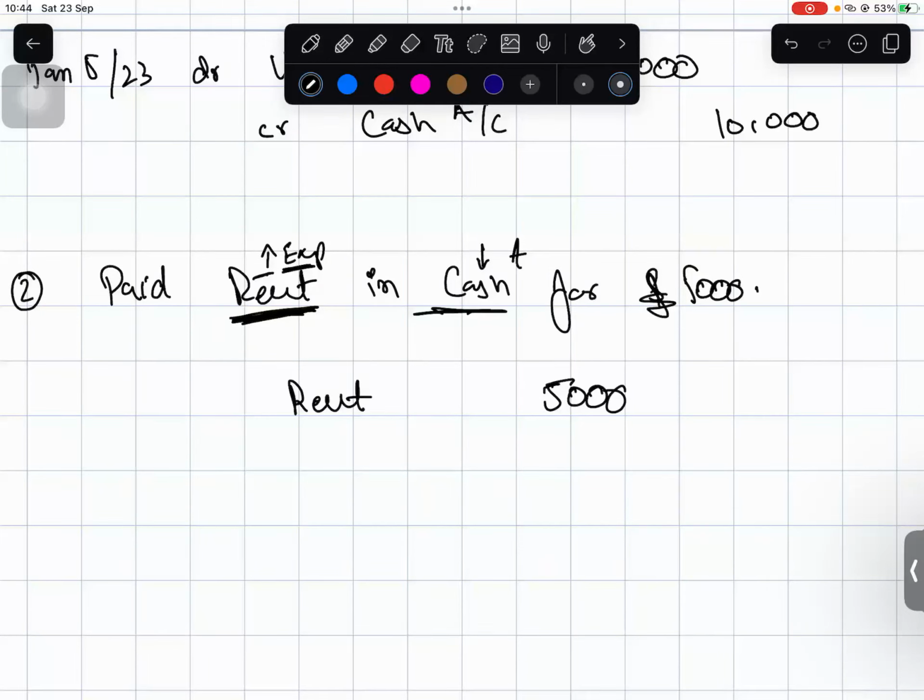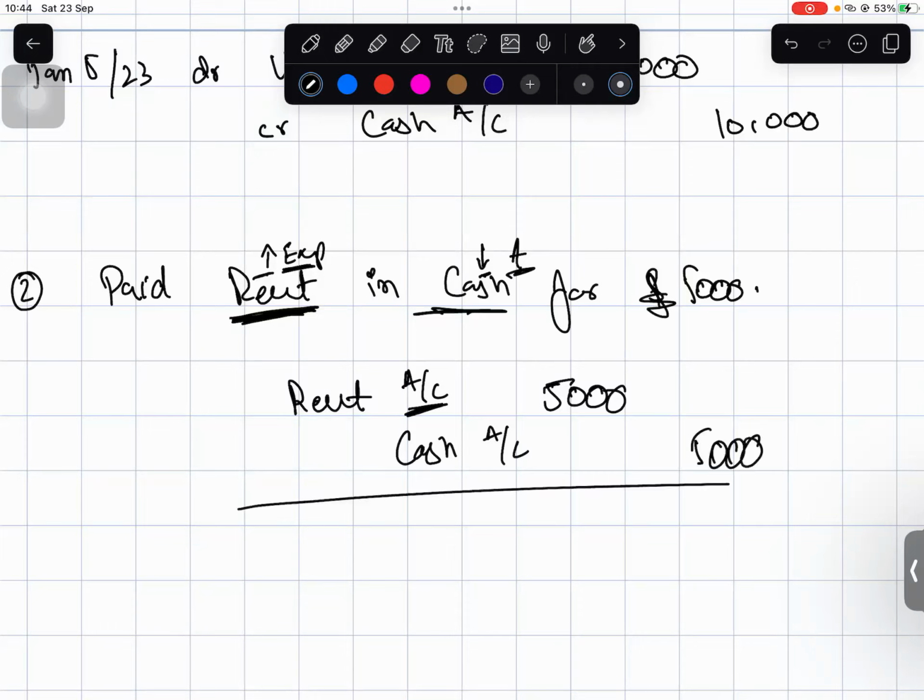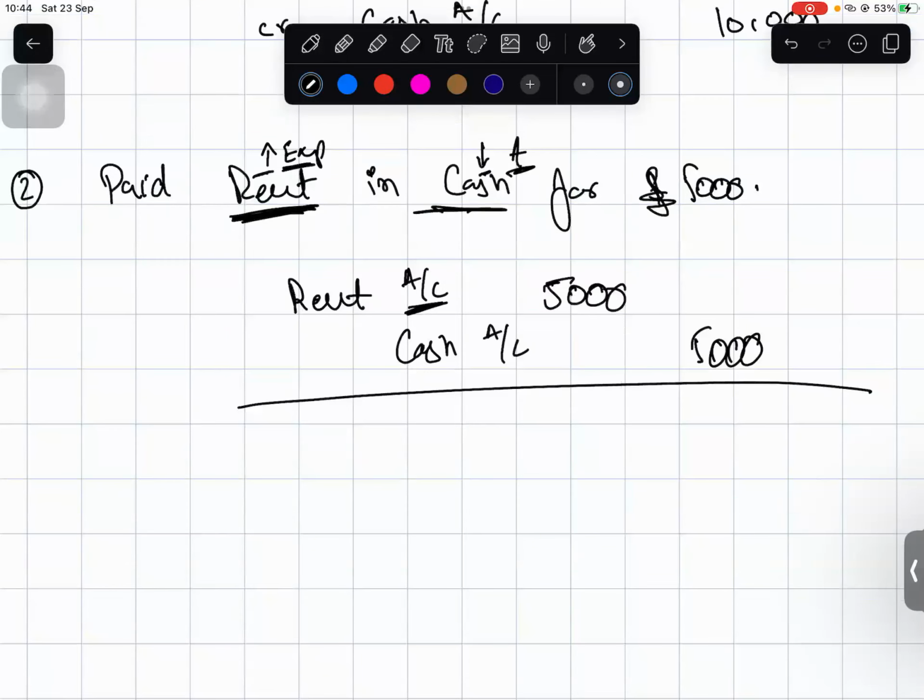Cash, an asset, going down, so we will credit cash account. It's a good practice to write this in front of your double entries whenever you're doing the entries. So that's 5,000. Is this clear? Yes, sir. Good.